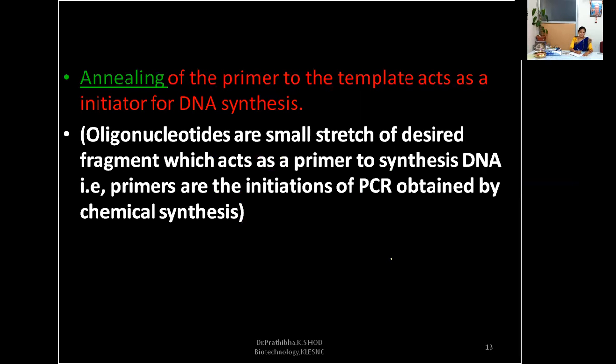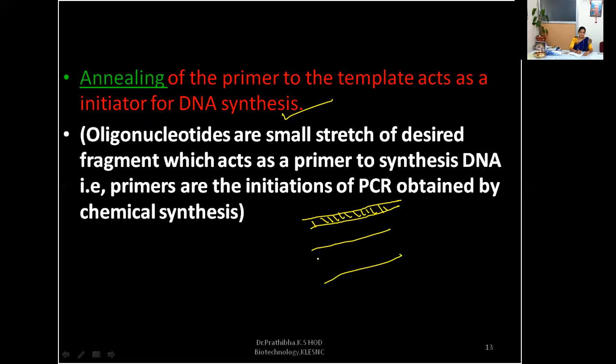Now let us understand the next mechanism, that is annealing. Annealing of the primer to the template acts as the initiator for DNA synthesis. Annealing is nothing but attachment or sealing. For example, we have a double stranded DNA molecule. In this double stranded DNA molecule, the hydrogen bonds will be broken down. Once the hydrogen bonds are broken down, you will get the template DNA.